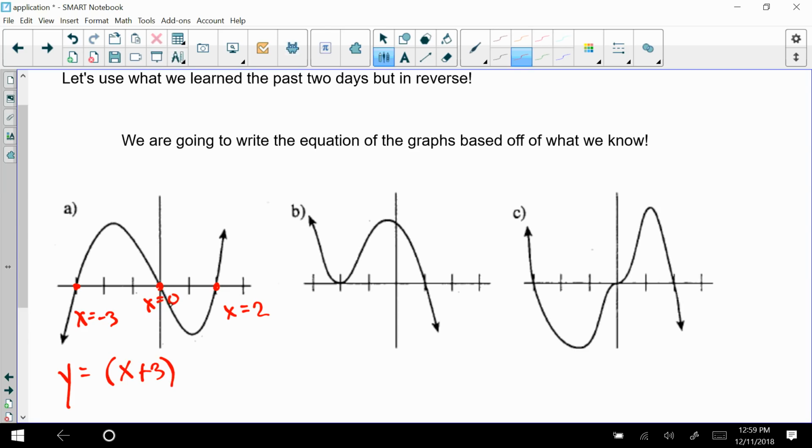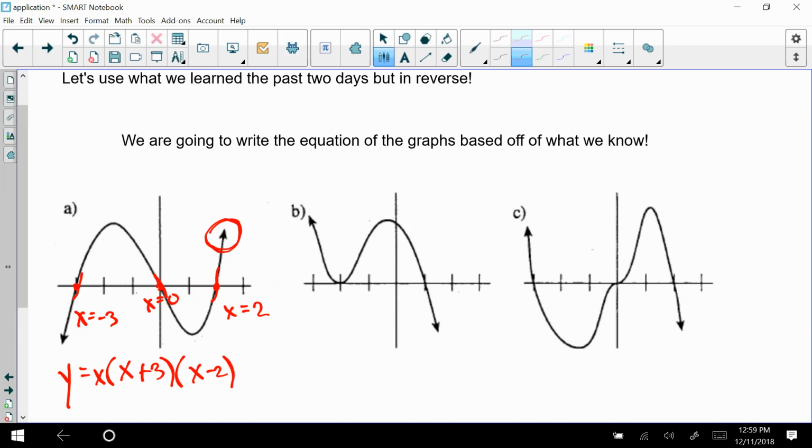X equals 0 is going to just be x. Typically, you do tend to write the x first, just so it doesn't get squished between some parentheses. And x minus 2 is the last one. They all go straight through, so they're all single roots. I don't have to add any exponents. And the last arrow, the right arrow, is going up, so I am positive, so I can leave it just like that.